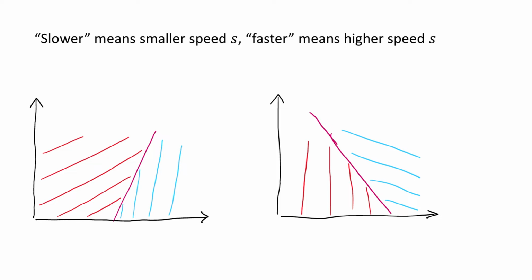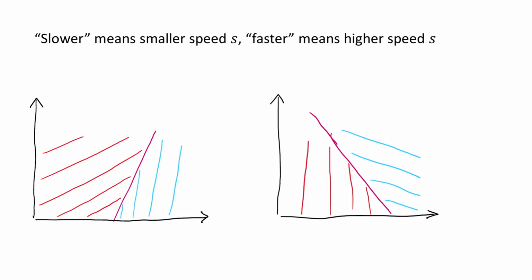In the two diagrams below, you see characteristics transporting some value on the left and characteristics transporting some value on the right. And you see a shock curve in between. In both examples, the characteristic speed on the left is larger than the shock speed, which in turn is larger than the characteristic speed on the right.